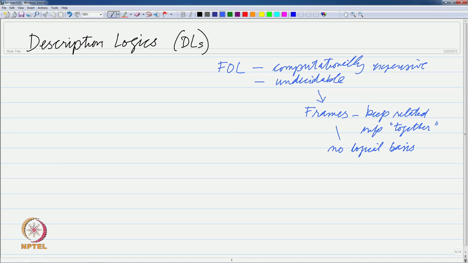So, today we will look at description logics, which are a subset of FOL, and in general we are interested in decidable subsets. Sometimes we would look at subsets which are computationally inexpensive.